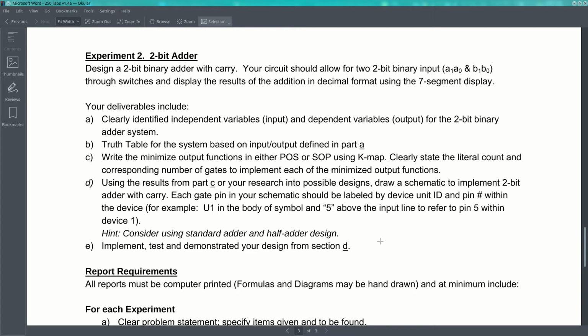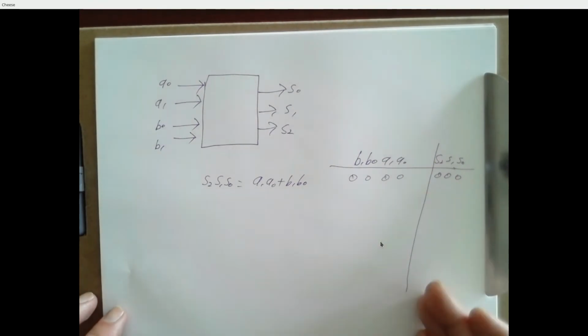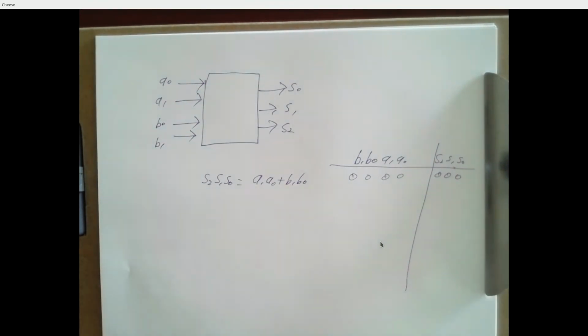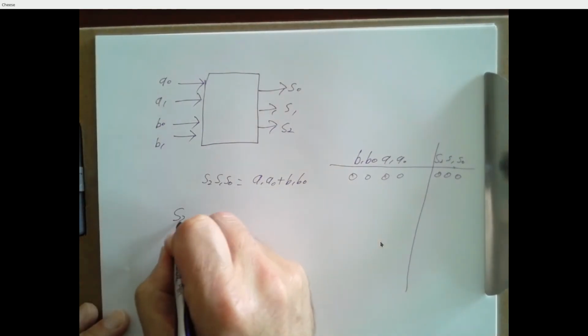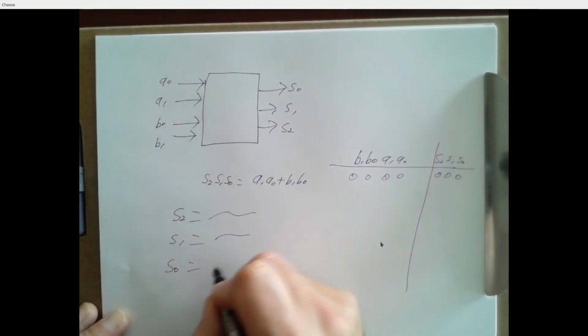Minimized output functions in either POS or SOP using a K-map. So you're going to do a product of sums or sum of products, depending on which you choose. You're going to put it into a K-map. You're going to minimize it. You're going to end up with 3 expressions: S2 equals, S1 equals, S0 equals.